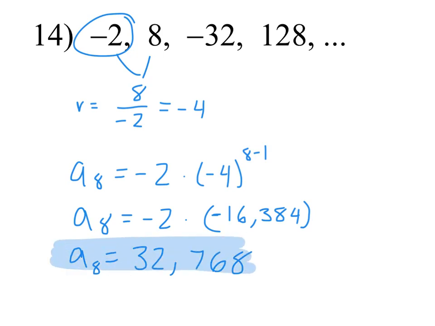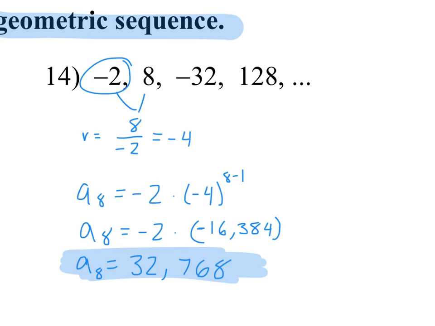One way to tell, in case we get tripped up by our negative signs, is if we look at our starting equation, our first term is negative, our second term is positive, our third term is negative, our fourth term is positive. So this one is our second, this one's our fourth. All of the even terms are going to be positive numbers.